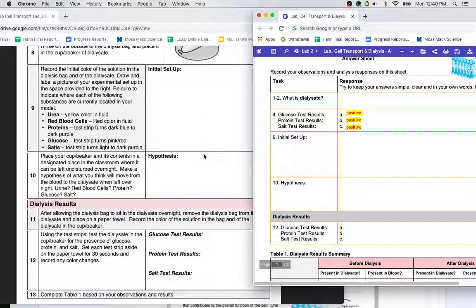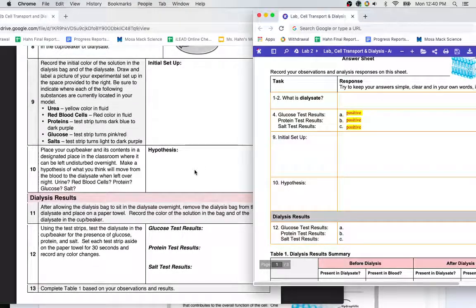Okay, and before we come back, go ahead and write a hypothesis. What do you think will move from the blood to the dialysate when left overnight? Do you think the urea will come out of the blood? Do you think red blood cells will come out, protein, glucose, or salt?